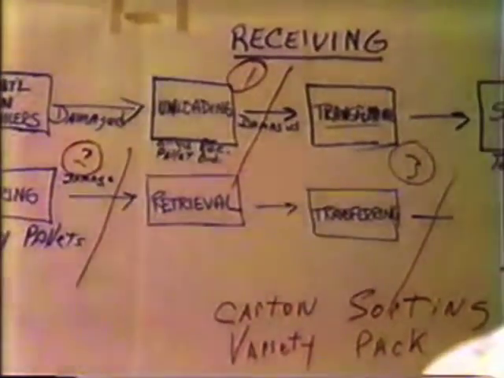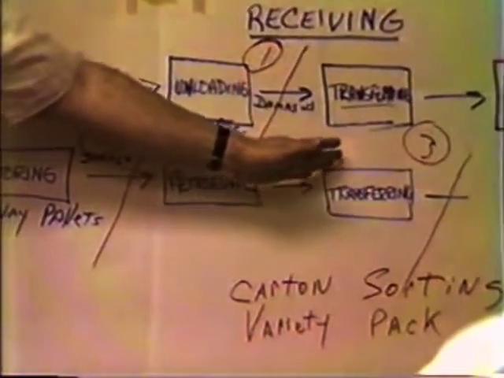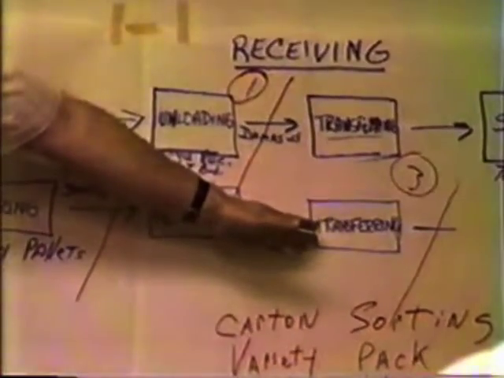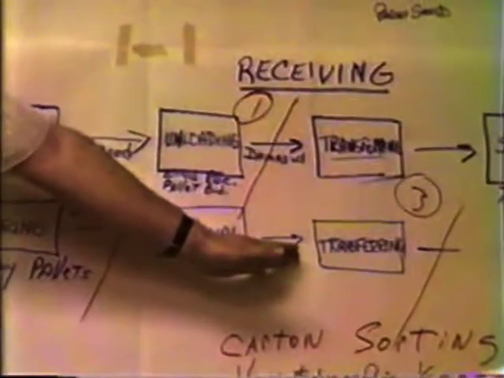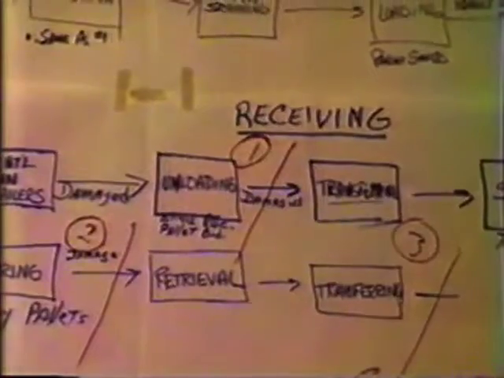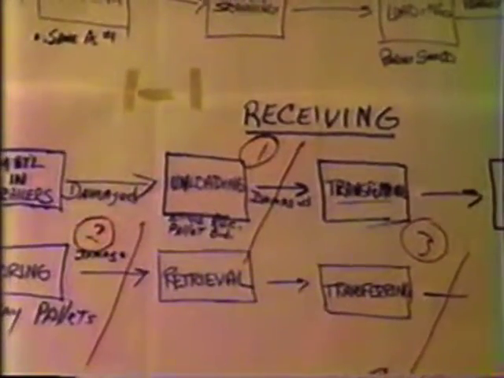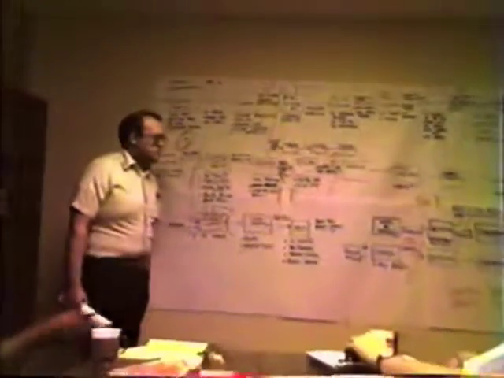And then we get to the transferring again, having the same variables, but this looks like a questionable boundary. Before or after the transferring, is it a conversion unit responsibility to transfer their own products from the warehouse to their processing area? Or is that still a receiving warehousing function to make that transferring?